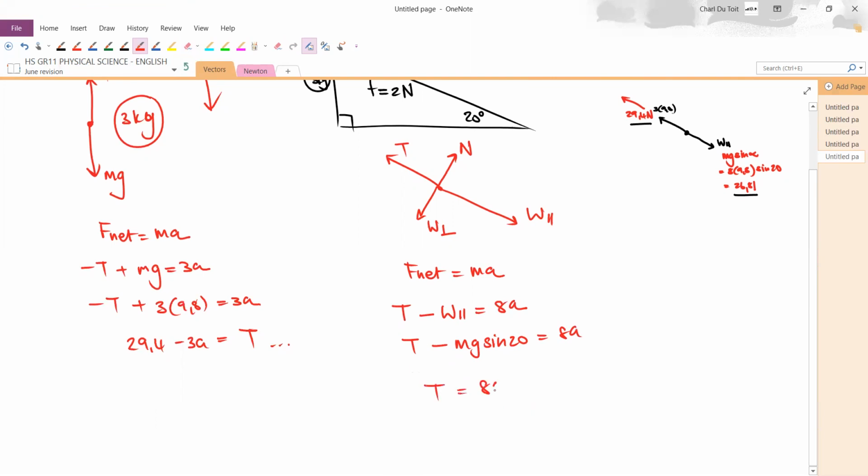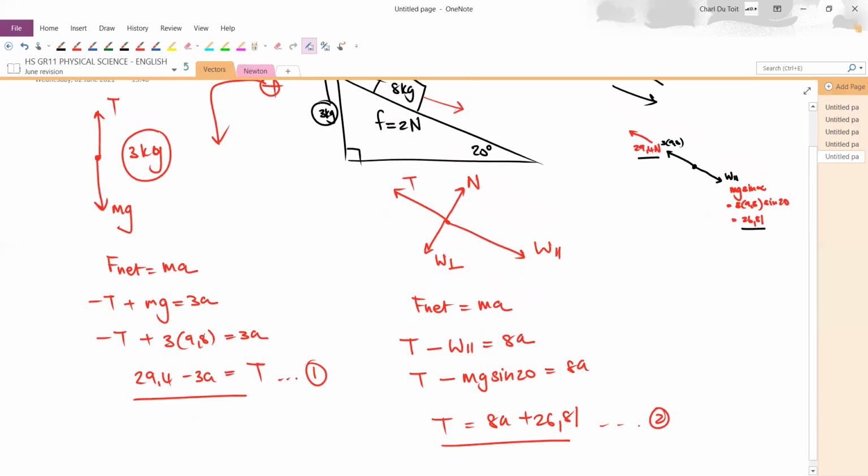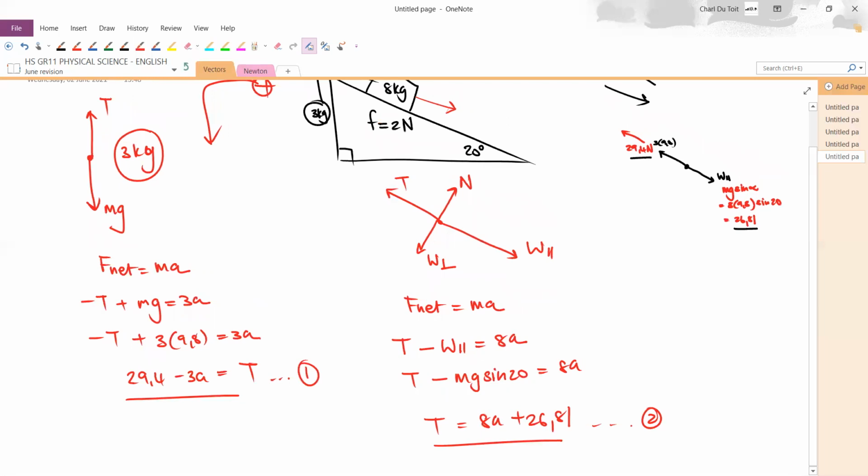And that is 8A plus 26,81. And then I'm going to solve these two simultaneously. That you can do. Then I get the acceleration, and then you can work out the tension afterwards if you want to, just by substituting it in.